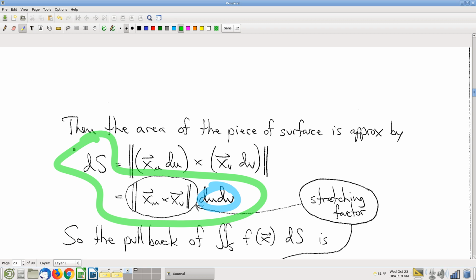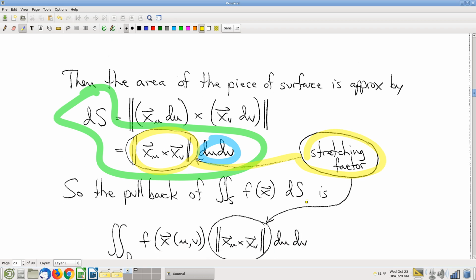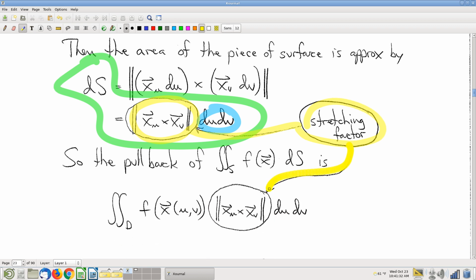There's that now identified factor, and that stretching factor, there it is. It's a weird little formula, but that's how it worked out. That's the stretching factor when you're pulling back our surface integral.